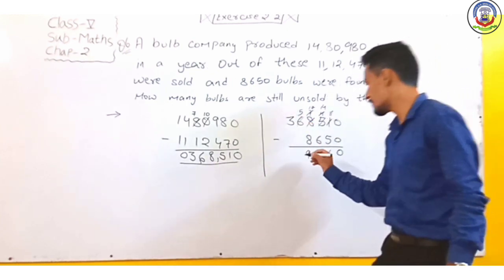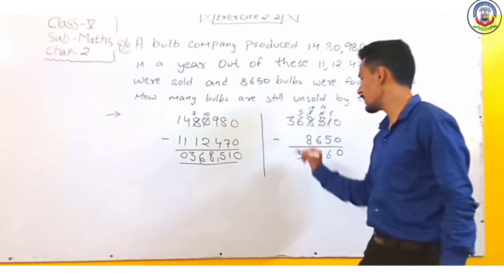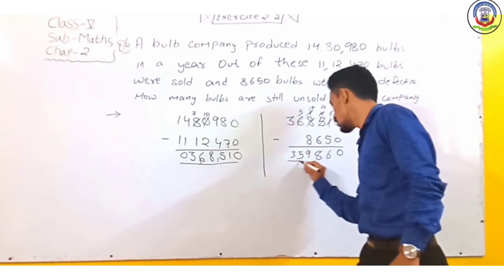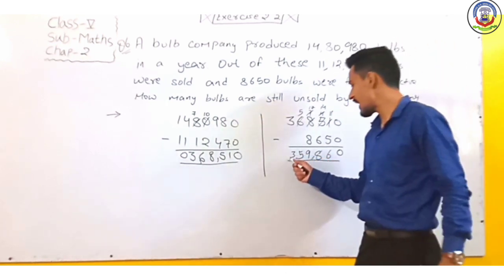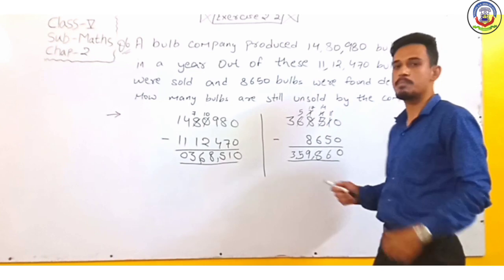Next we have 5, similar. Next we have 3 as it is. So in last we have 3,59,860 bulbs.